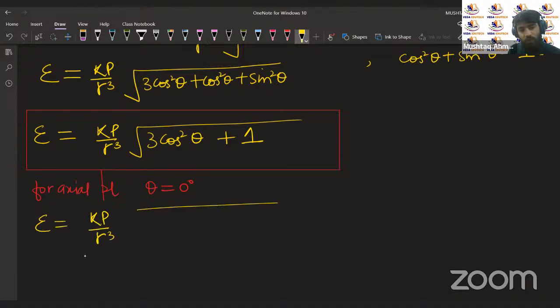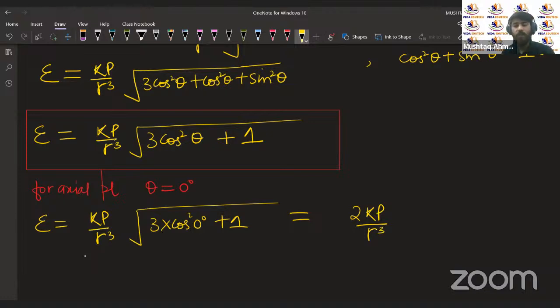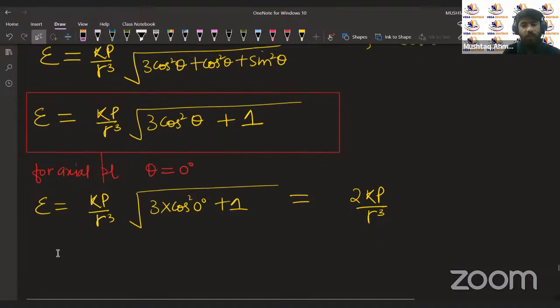So cos 0 is 1, so that will be 3 cos 0 plus 1. But cos 0 is 1, 3 times 1 is 3, plus 1 is 4. So it will be 2 Kp upon r cube, right? So this is the same result we derived earlier, when the point P was at some axial point, right? Because of the dipole, the electric field at axial point is 2 Kp upon r cube, right?